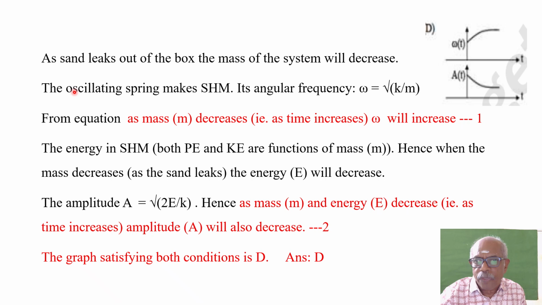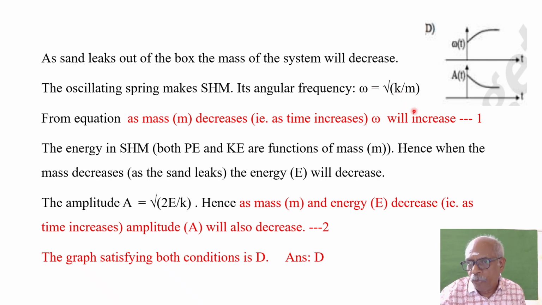Let us solve the problem. As sand leaks out of the box, the mass of the system will decrease. As time passes, slowly sand is getting out, so the total mass of the system will decrease. The oscillating spring makes SHM, simple harmonic motion. Its angular frequency omega is given by square root of k by m, where k is the force constant or spring constant and m is the mass of the system.